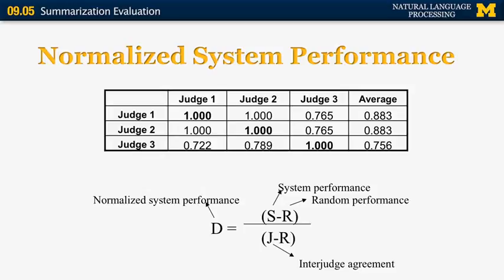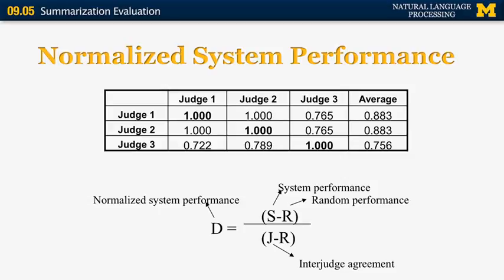So let's see what are some of the special cases. If S is equal to J, that means that the system is as good as the inter-judge agreement. (S - R) / (J - R) is equal to 1. So that is the highest possible value that you expect to get. If S is equal to R, on the other hand, that means that the numerator of the formula is 0 divided by something that's non-zero.